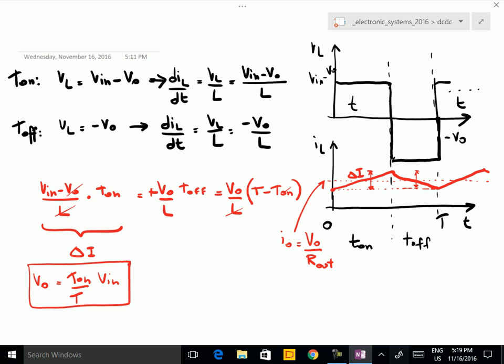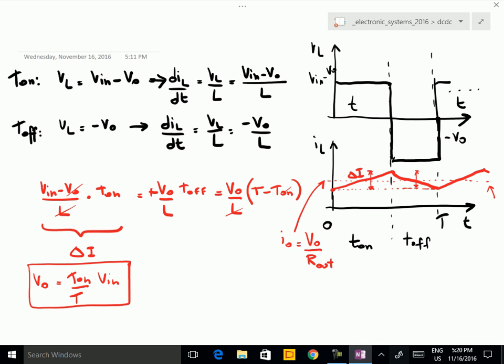The tricky thing that we need to take into account is that if the output current required by the load is reduced, this plot here shifts vertically, because the average value of the current is decreasing.